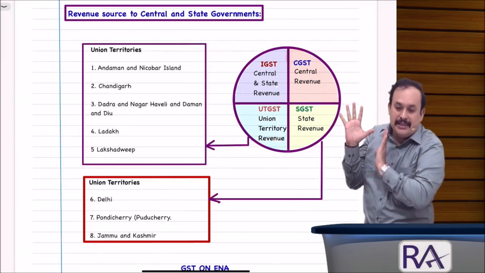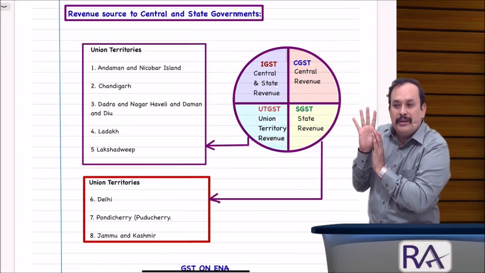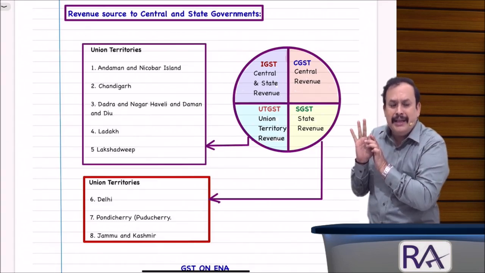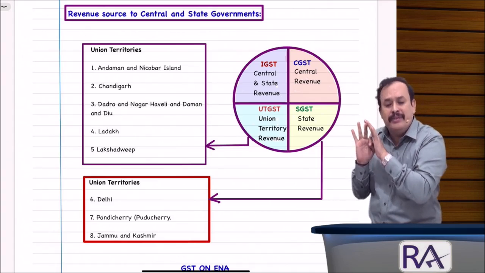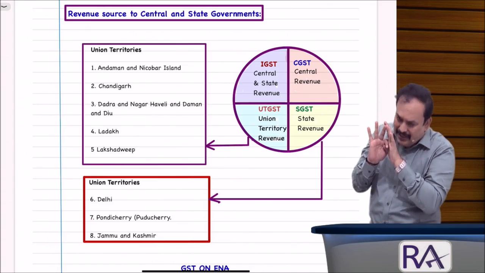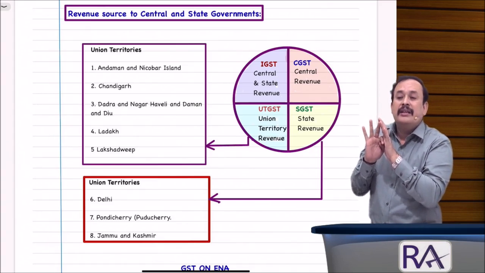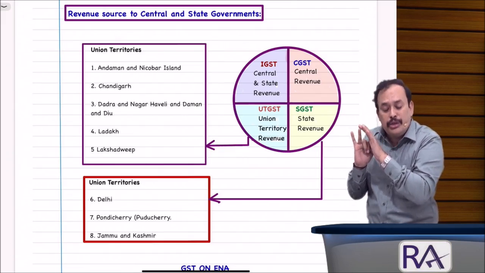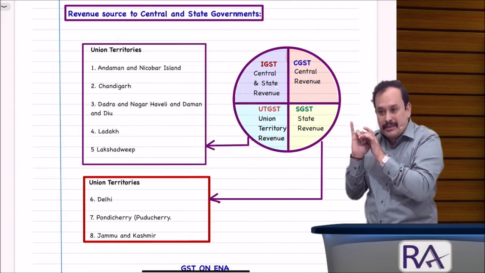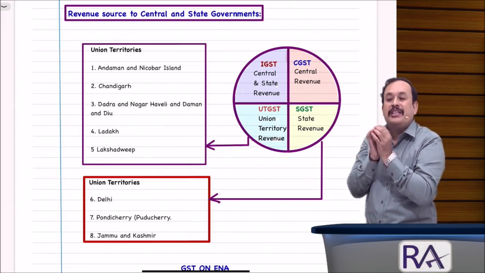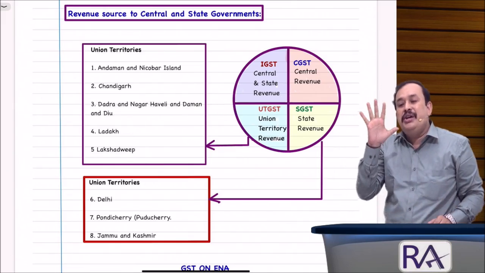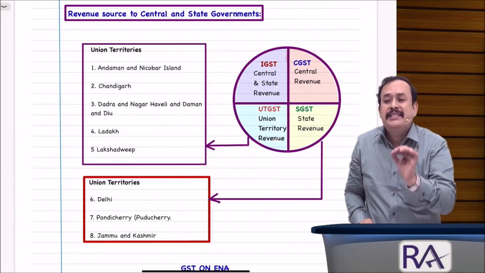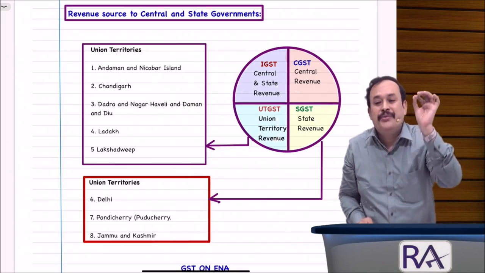One is Andaman Nicobar Islands, 2 Chandigarh, 3 Dadra and Nagar Haveli followed by Daman and Diu, 4th one is Ladakh, 5th one Lakshadweep. For these union territories, the UTGST Act is enacted by the Government of India.